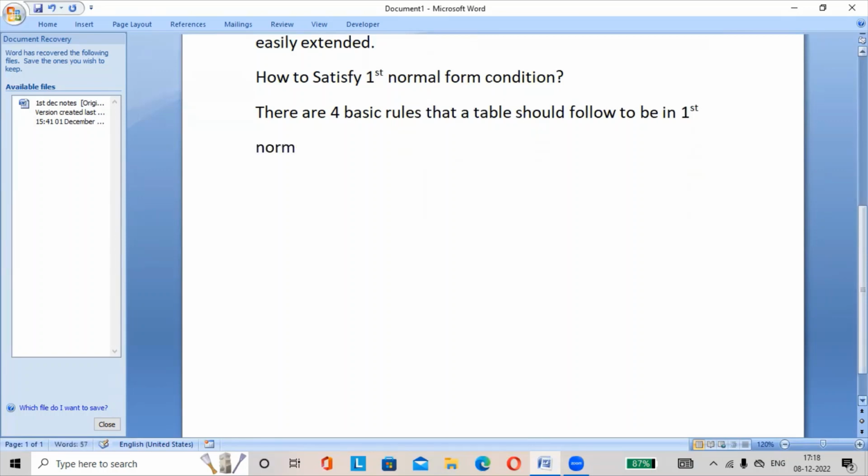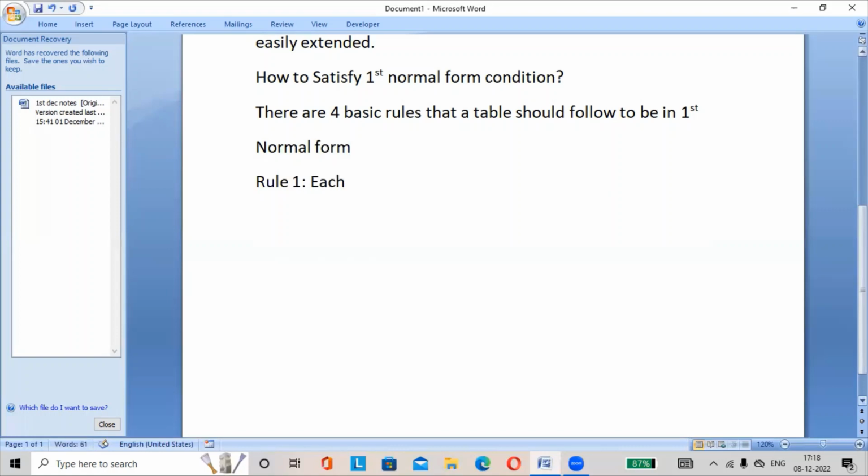What is rule number 1? Rule 1 states that each column must contain atomic values.